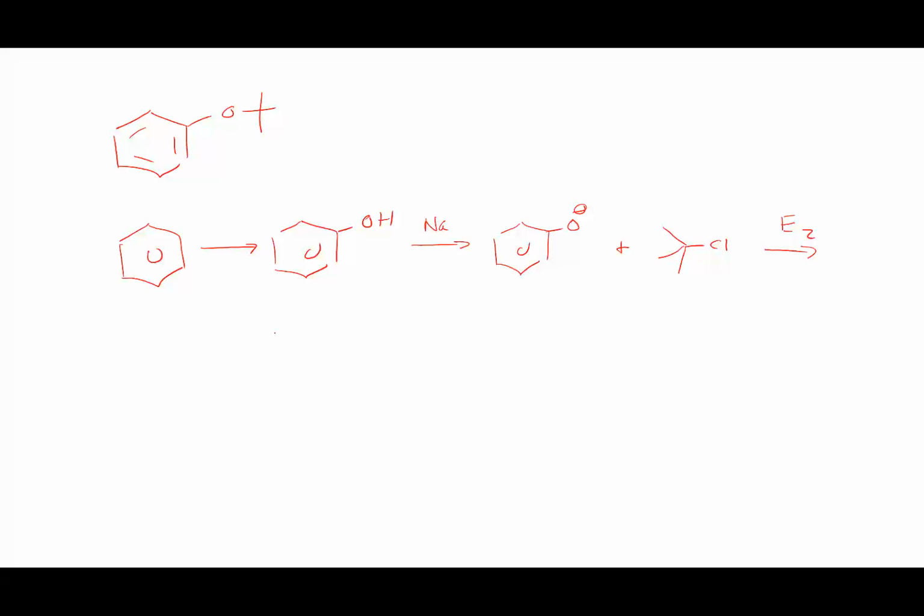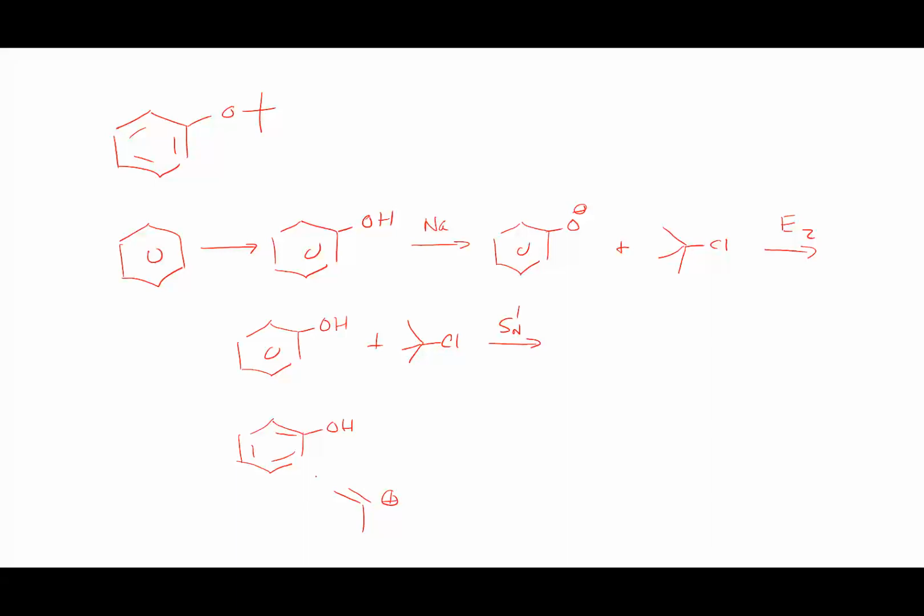But that's okay, because I could then say, well, why don't I just go ahead and react my phenol with tertiary butyl chloride and do an SN1 mechanism instead of an SN2. And you might say, well, can we do that with the benzene ring? No. We cannot take a phenol and eliminate the OH group to form a carbocation, because we've not formed carbocations directly on a double bond.